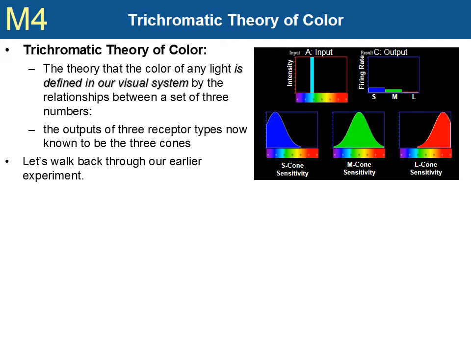Now let's present the intense orange light. Box C shows that the S doesn't respond, the M responds a little, and the L responds the most. Okay, now the last test. Let's present the 545 nanometer light at a moderate intensity.